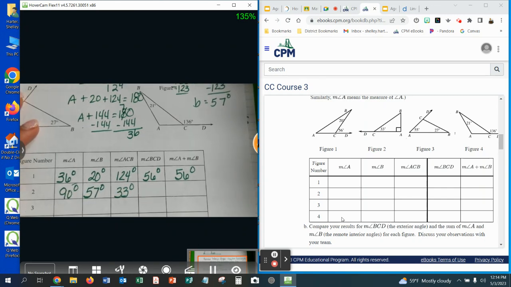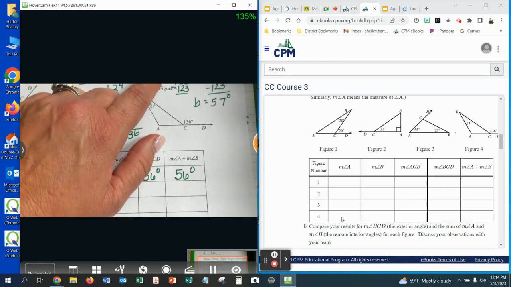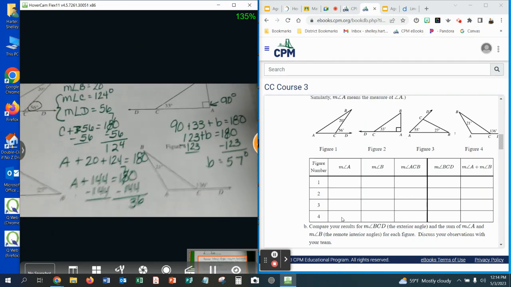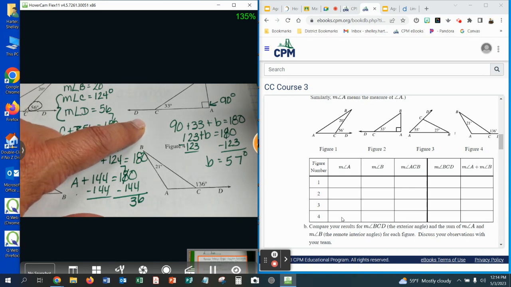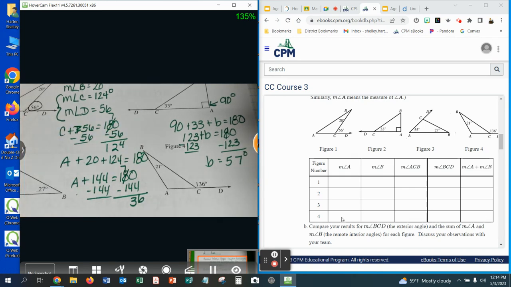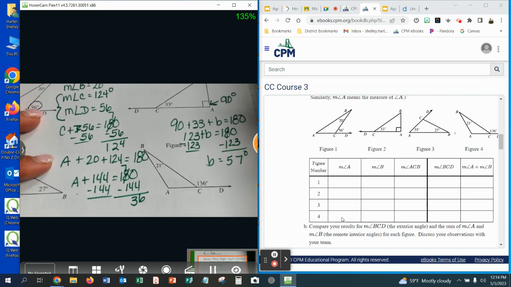Okay. How am I going to find out what D is going to be over here? So it's going to be 33 plus D equals 180. Subtract 33 from both sides.